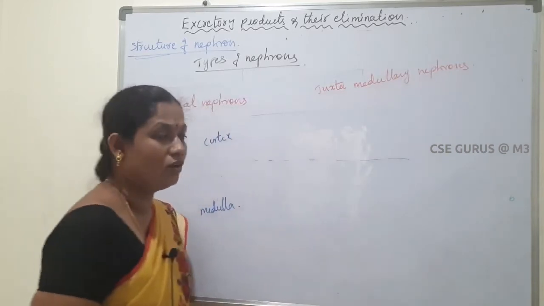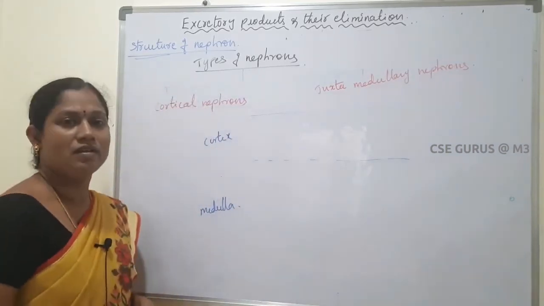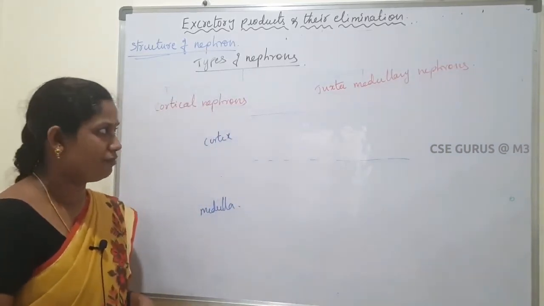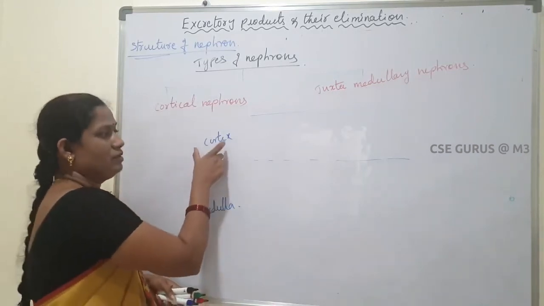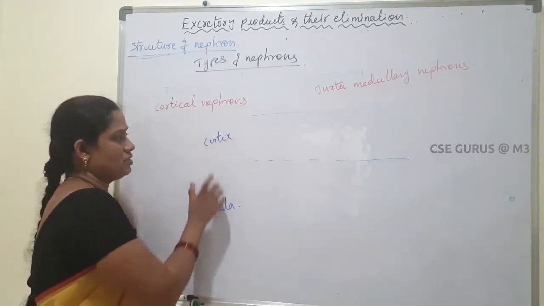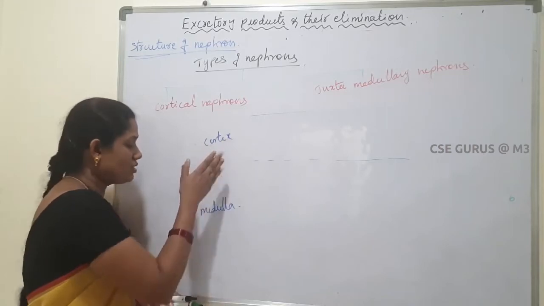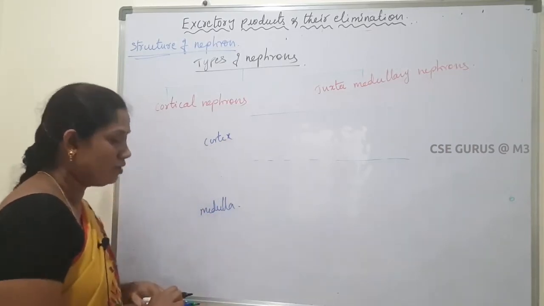The kidney can be divided into two regions. The outer region is called the cortex, and the inner region is called the medulla.